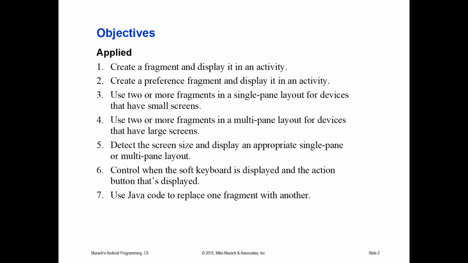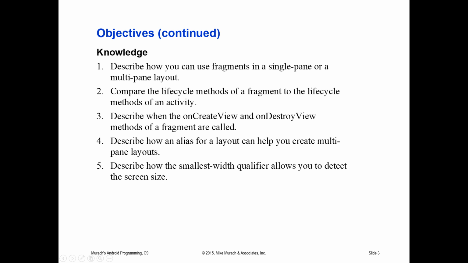The applied objectives are: create a fragment and display it in an activity, create a preference fragment and display it in an activity, use 2 or more fragments in a single pane layout for devices that have small screens, use 2 or more fragments in a multi-pane layout for devices with large screens, detect the screen size and display an appropriate single pane or multi-pane layout, control when the soft keyboard is displayed and the action button that's displayed, and use Java code to replace one fragment with another. Those are our 7 applied objectives.